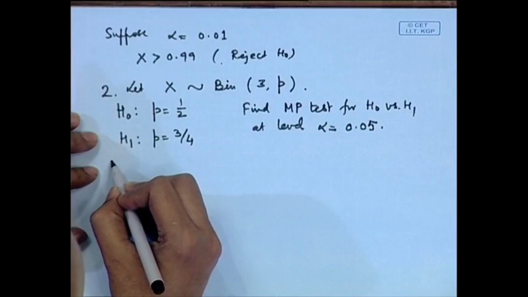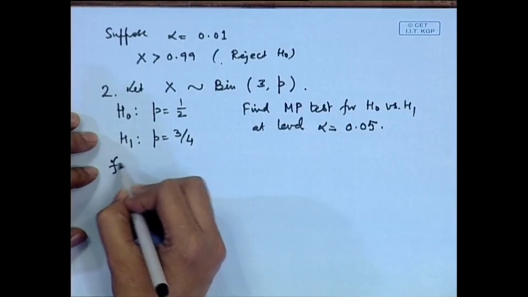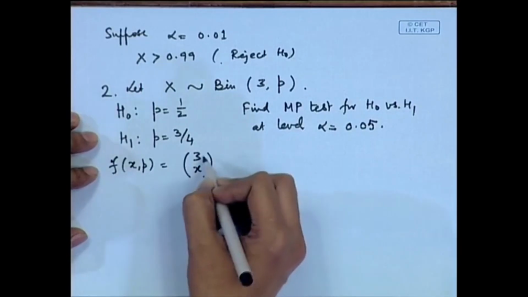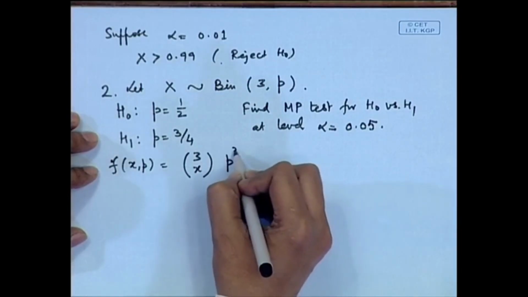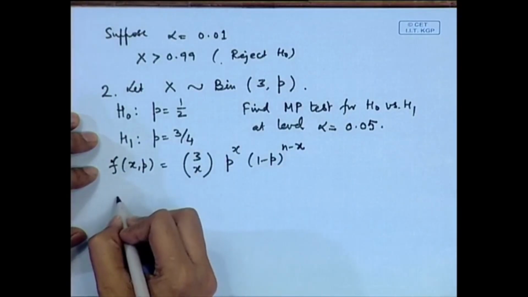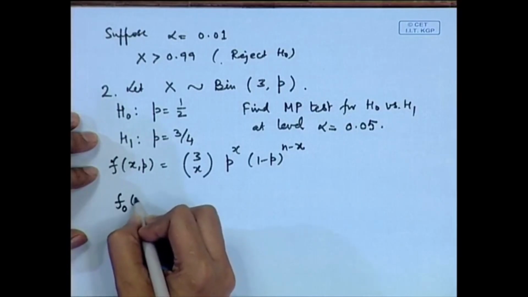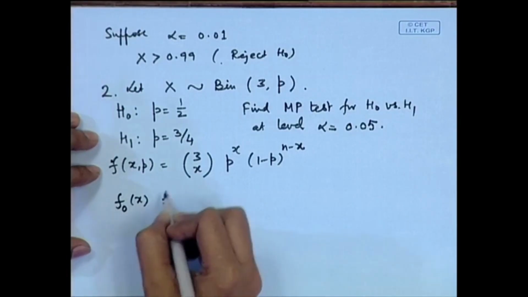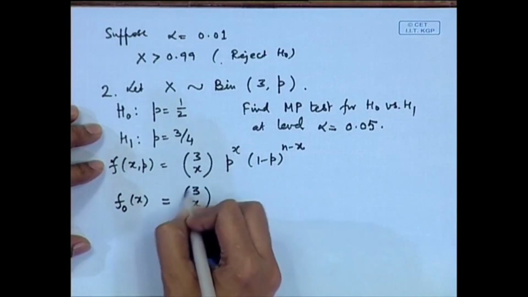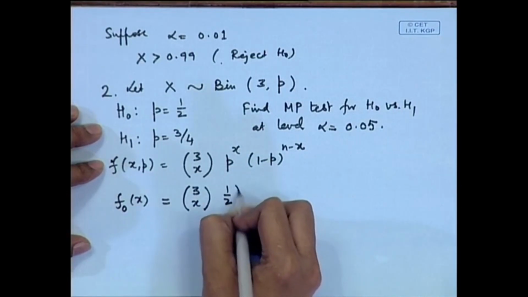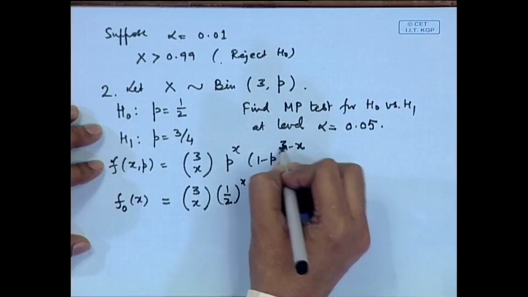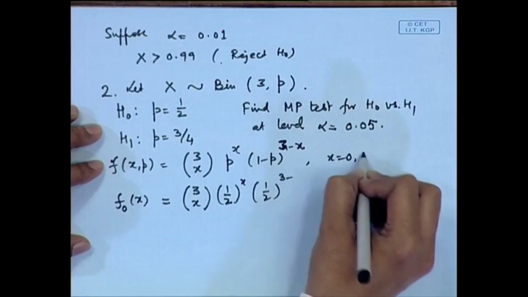So, let us write down the distribution first. f(x, p) is equal to 3 c x, that is n c x, p to the power x, 1 minus p to the power n minus x. We will need the values of f naught x and f 1 x. So, f naught x is the value when p is equal to half, which reduces to 3 c x, half to the power x into half to the power 3 minus x, where x is equal to 0, 1, 2, 3.